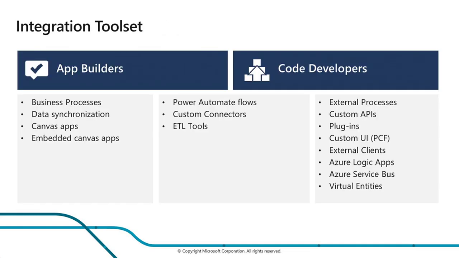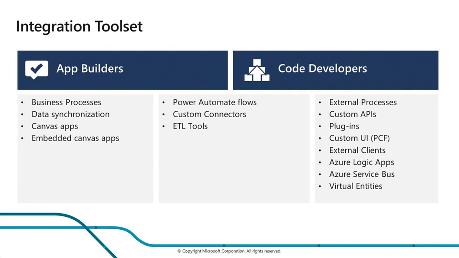So, the integration toolset that is available. You have the app builders and the code developers. App builders let you create business processes, data synchronization, Canvas apps, and embedded Canvas apps.